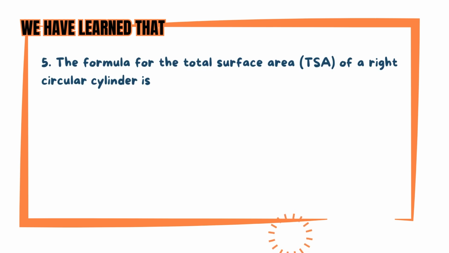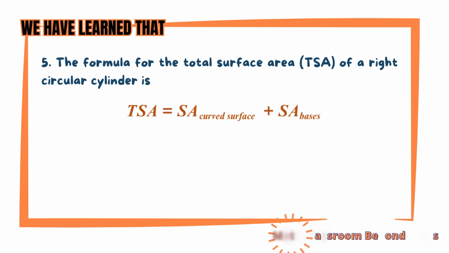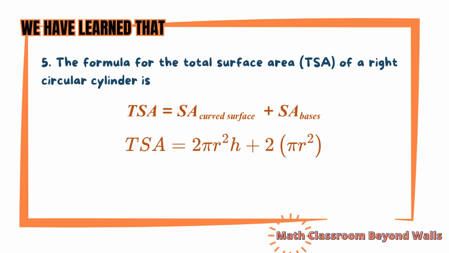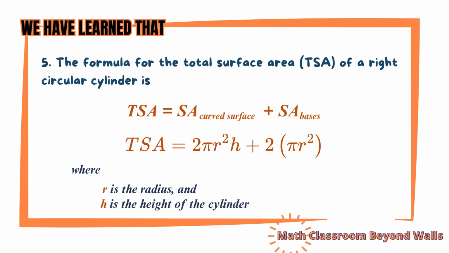Fifth, the formula for the total surface area, TSA, of a right circular cylinder is the surface area of the curved surface plus the surface area of the bases, which is 2 pi r h plus 2 pi r squared, where r is the radius and h is the height of the cylinder.